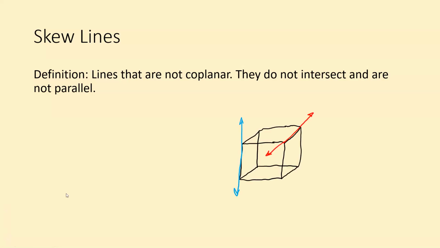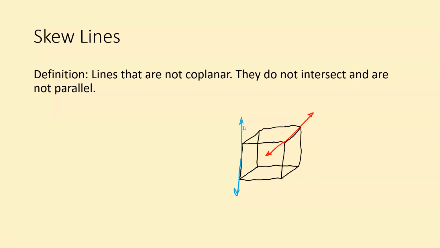So to visualize skew lines, because they are not coplanar, you really have to think in 3 dimensions. I think the best way to do that is to think about them existing on a 3-dimensional shape. So I drew a cube here, and we can see this red line on this top edge will not intersect with this blue line on this side edge, right?